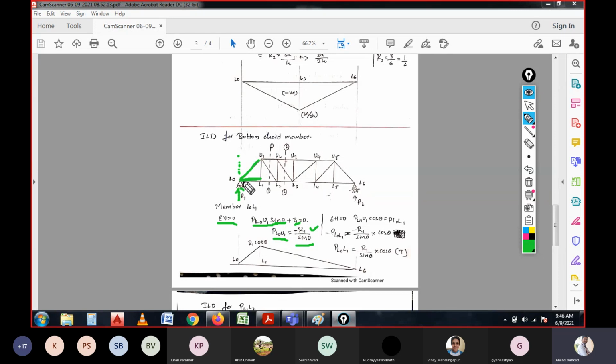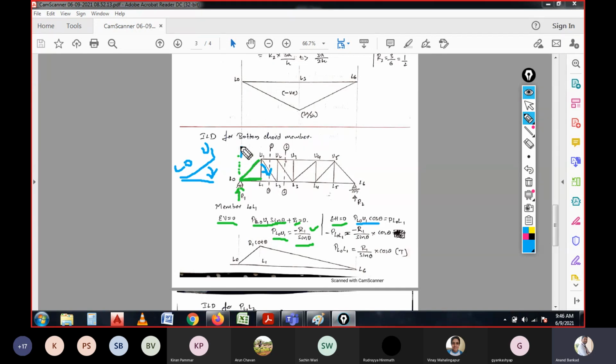And for L0 L1, if you consider the horizontal force, then this force will be resolved in this direction, that is, L0 U1 cos theta, P L0 U1 cos theta, because it is resolved to the horizontal.